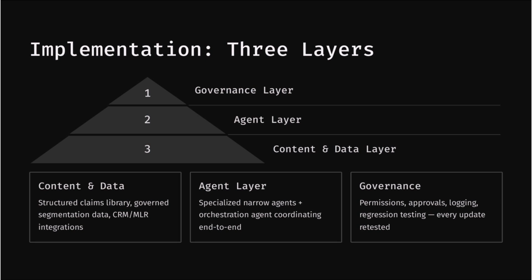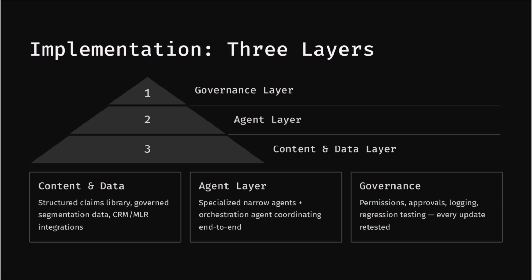You want claims in a structured format, each with references, allowed phrasing, required safety language, market and channel constraints, and expiration or review dates. Next, you need segmentation and customer data that is governed with clear definitions, and you need integrations into the actual tools people use: CRM, content management, MLR systems, and analytics platforms.